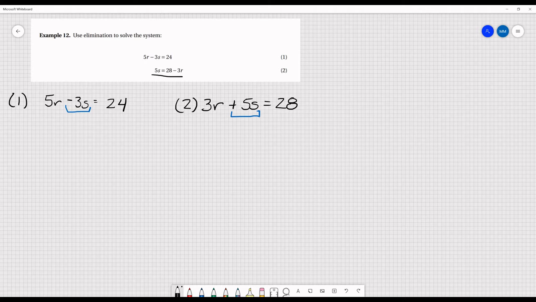Is there anything I can multiply 3 by to turn it into 5? Well, yes, but unfortunately that would be a fraction, and I'm trying to avoid fractions whenever possible. So let's look at 5. Is there anything I can multiply 5 by to turn it into 3? Again, not without introducing fractions.